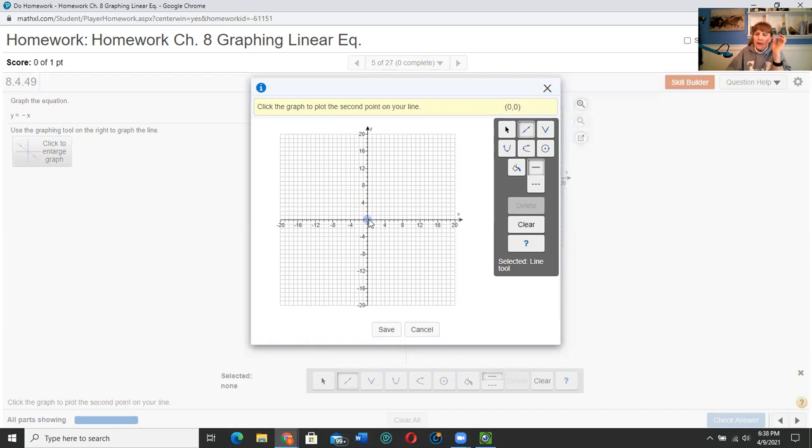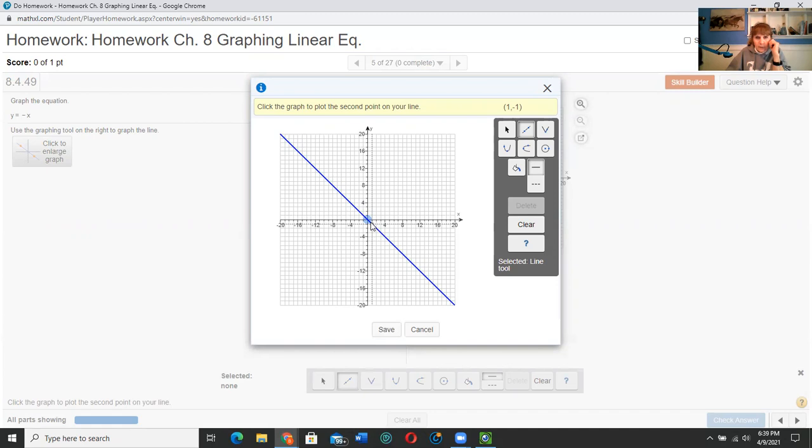Now from there, I know my slope is a negative 1 over 1, which means I'm going to go down 1. So you can watch your coordinates if you can't watch the graph. Go down 1 and to the right 1. Yep, there we go.